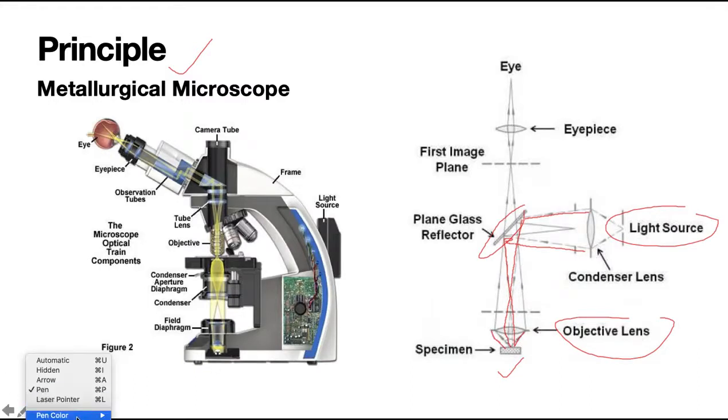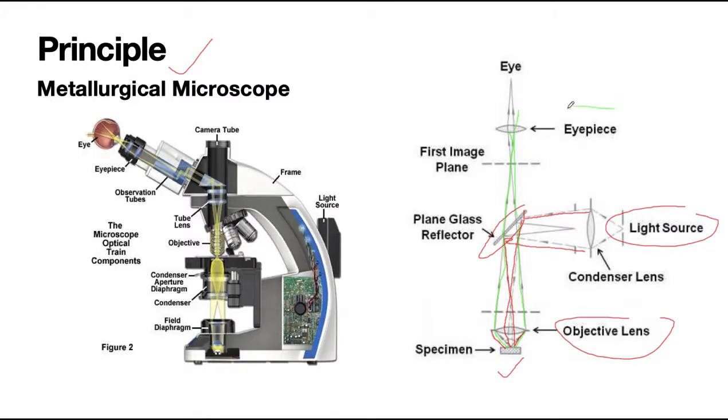Let me change the pen color. Some of the light which falls on the specimen gets reflected from the specimen surface, is magnified, and passes through the plain glass reflector, and is magnified again by the upper lens of the system.